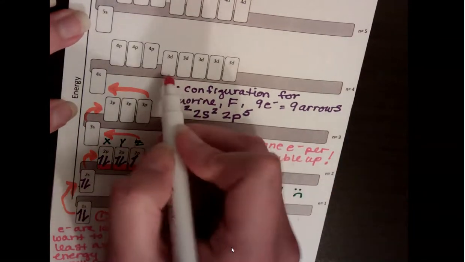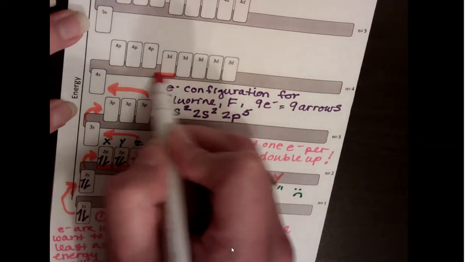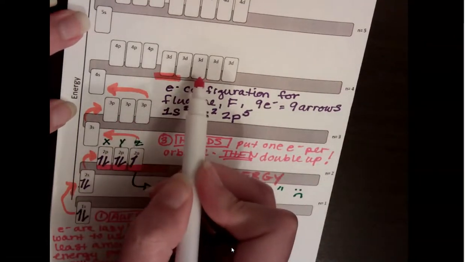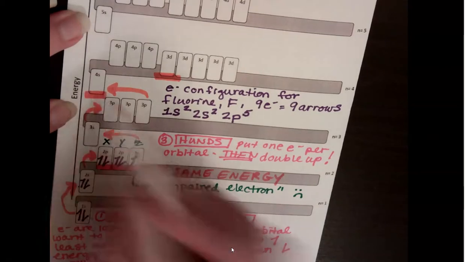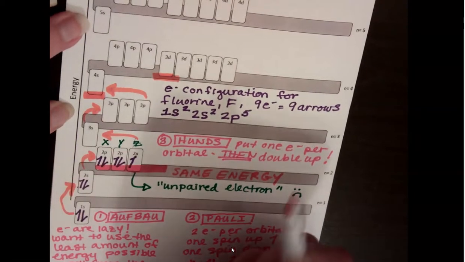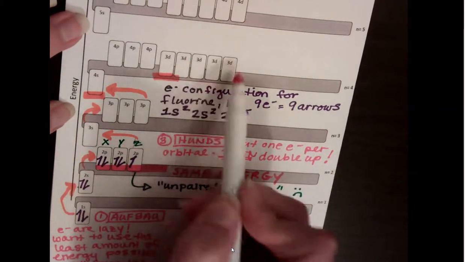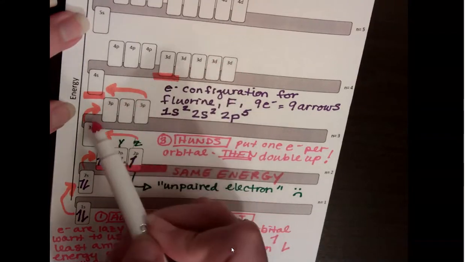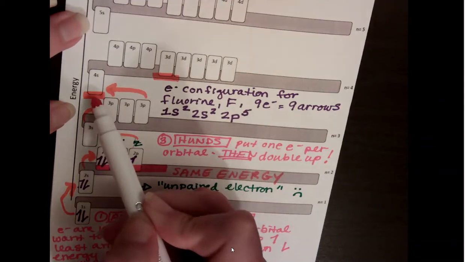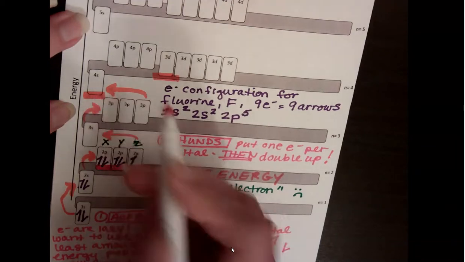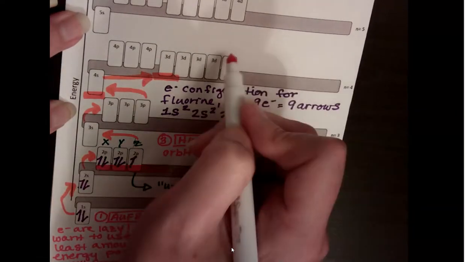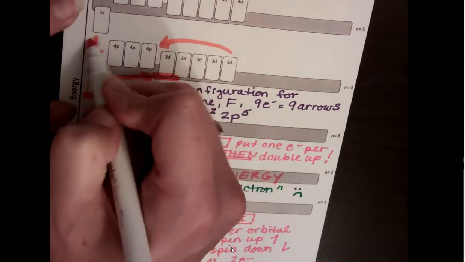If you look here, we didn't go from 3p to 3d because the 4s orbital is a little bit lower in energy. We're going to procrastinate, and we're going to try to wait to fill these until we have to. So the lower energy is 4s. So now that that's going to be full, then you would have to go to 3d. Then you go to 4p. Then you go to 5s.